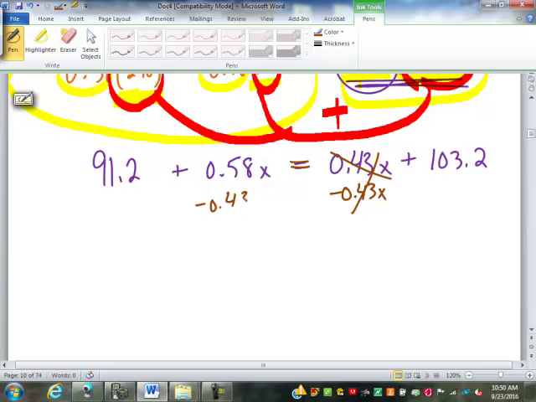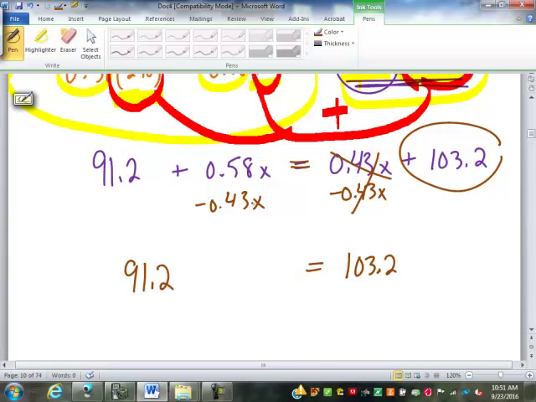We subtract 0.43x from the other side. On the right side, all that's left is the positive 103.2. Over here, the 91.2 isn't going to change. 0.58x minus 0.43x is a positive 0.15x.